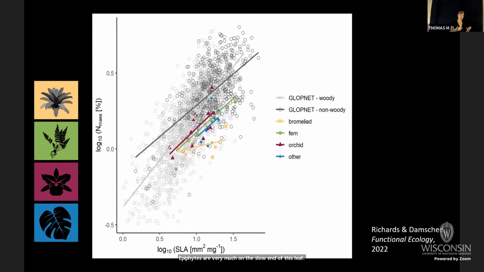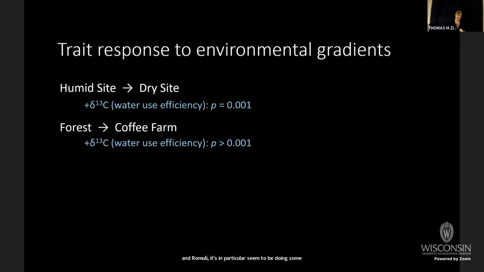They're in very stressful environments in these outer branches of trees. They're water limited, and probably nutrient limited in most cases. So it makes sense that they're falling at the slow end of that leaf economic spectrum. And bromeliads in particular seem to be doing some weird things that I'm still investigating.